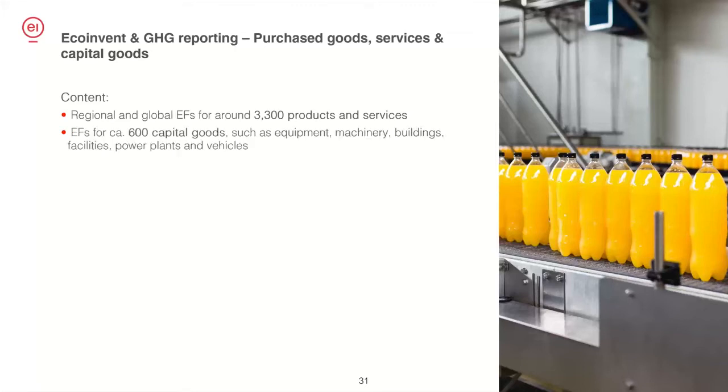The database also contains around 600 emission factors for capital goods, which are, for example, equipment, buildings, or facilities. In order to efficiently use these emission factors, I think it's important to have an overview about the different types of activities that are available in the database.